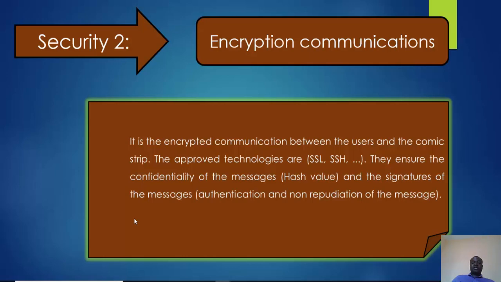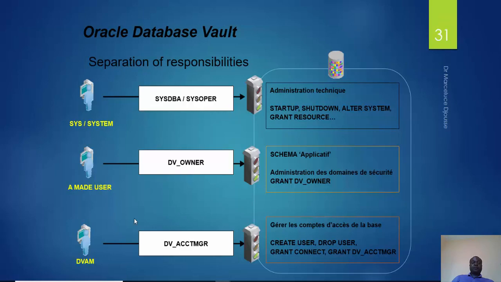The approved technologies are SSL and SSH, secure socket layer and secure shell, and they ensure the confidentiality of the message with the hash value, and the signature of the message is what we call non-repudiation. It is even used to secure the information.